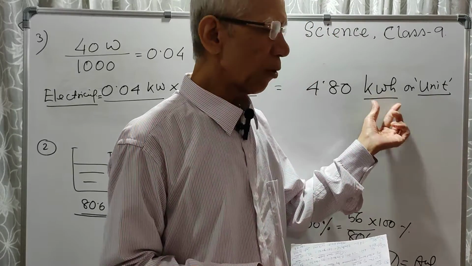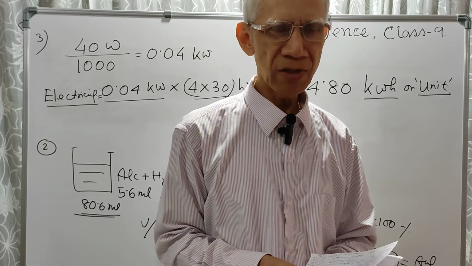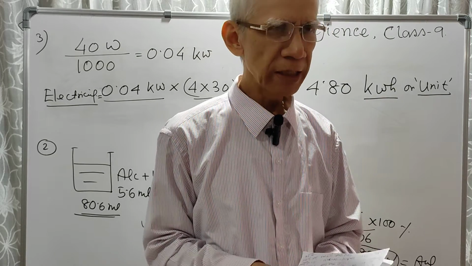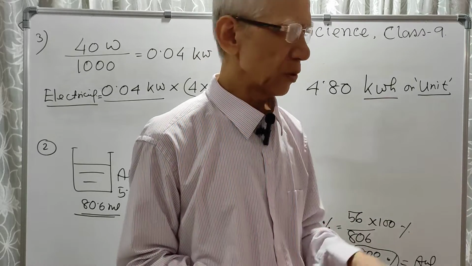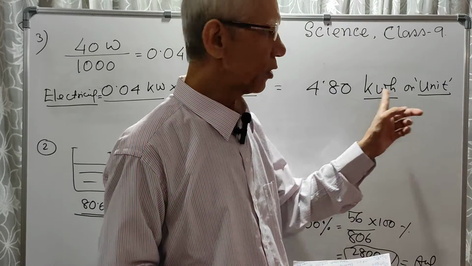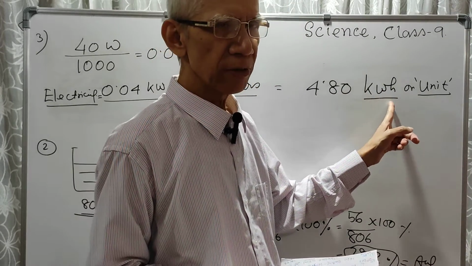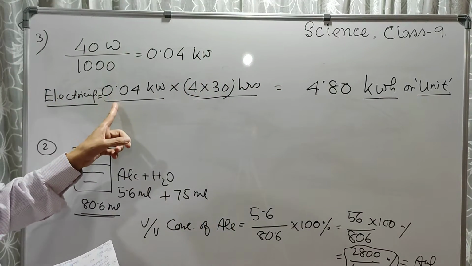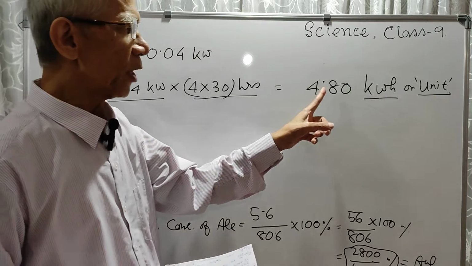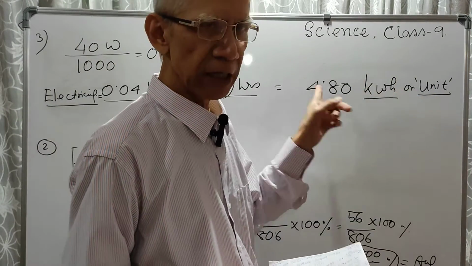Remember, kilowatt hour is the commercial unit of electricity, and that is called 1 unit by all electricity boards. Okay, so one bulb is using 4.8 units of electrical energy in a month.